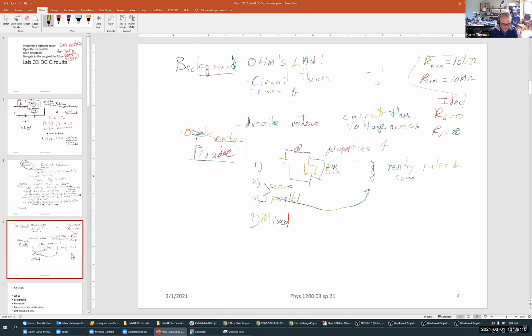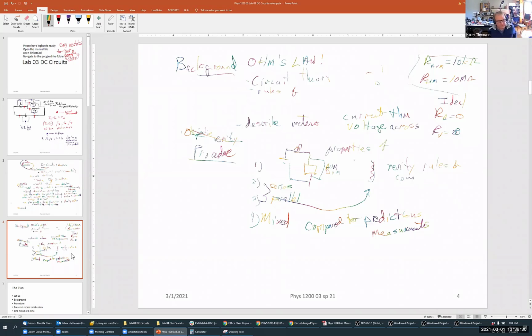And we compared predictions to measurements. And try to stick to that.